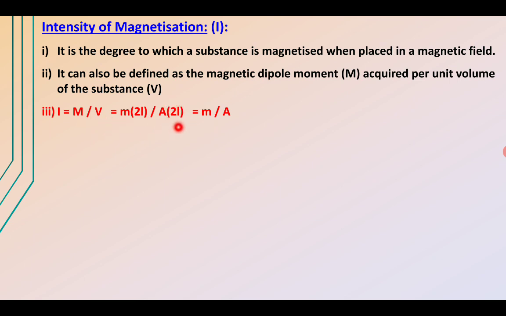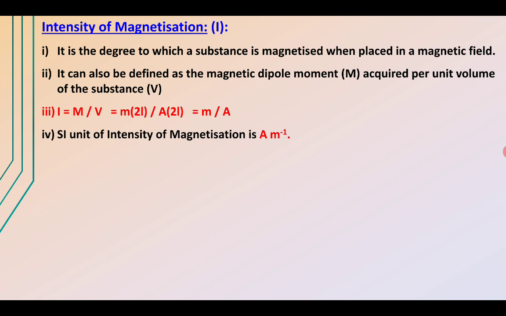So we are separating this 2L in the denominator and numerator, and we get the intensity of magnetization as I is equal to m upon A, that is the pole strength divided by the area of that particular magnet. The SI unit of intensity of magnetization is ampere per meter.